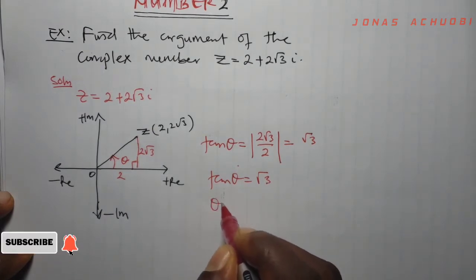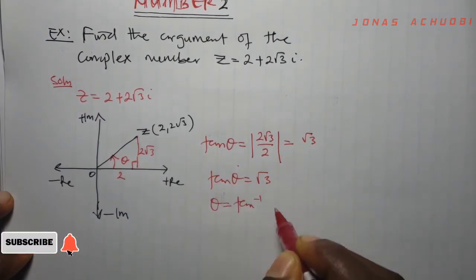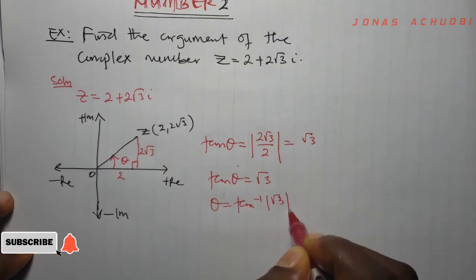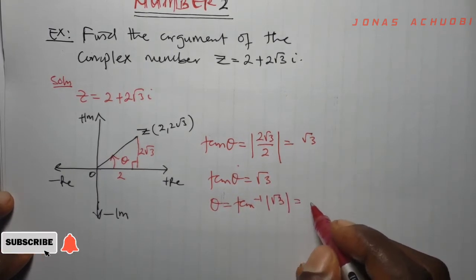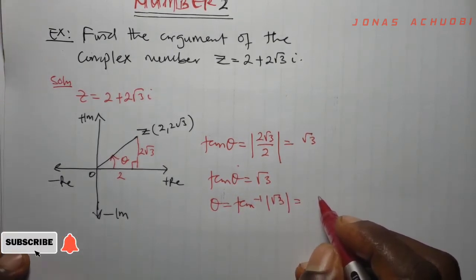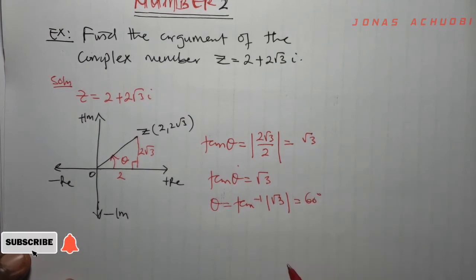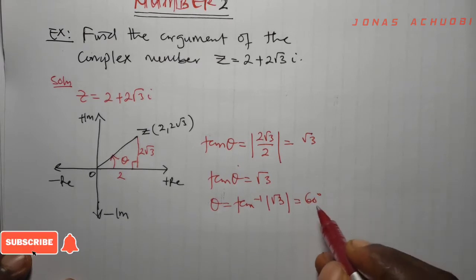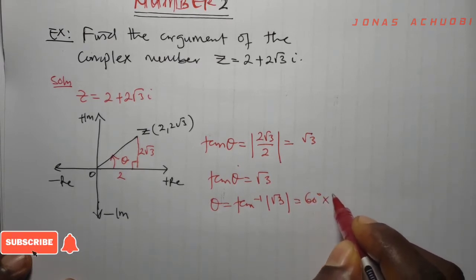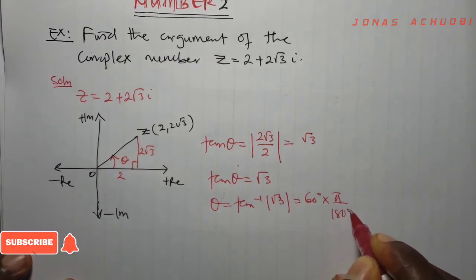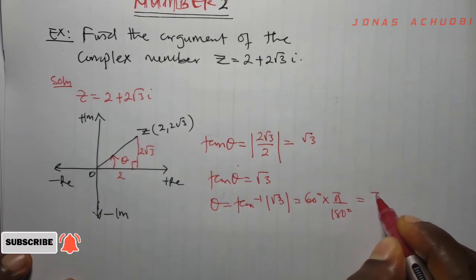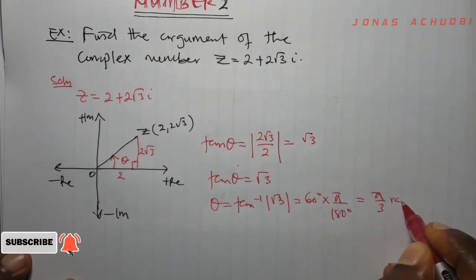So what is theta? Theta is the tan inverse of root 3. If you punch your calculators, you have that the tan inverse of root 3 is 60 degrees. And most times our results are expected in radians. So to change 60 degrees to radians, we multiply by pi over 180 degrees, and that is simply pi by 3 radians.